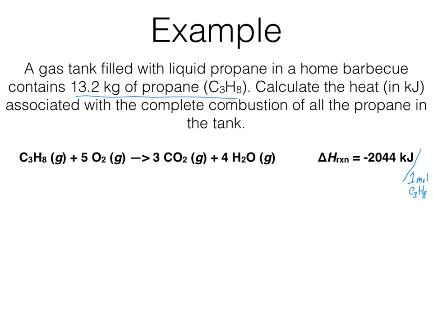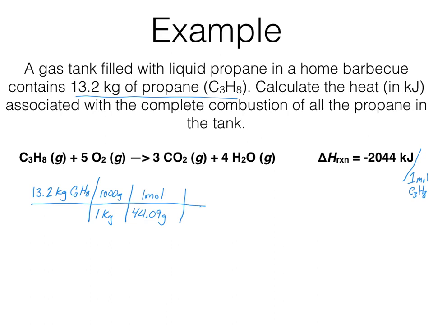So to do this problem, I would take 13.2 kilograms of propane. And in 1 kilogram, there are 1,000 grams. And now I have to convert from grams of propane to moles of propane. And so I use the molar mass, which is 44.09 grams in 1 mole.